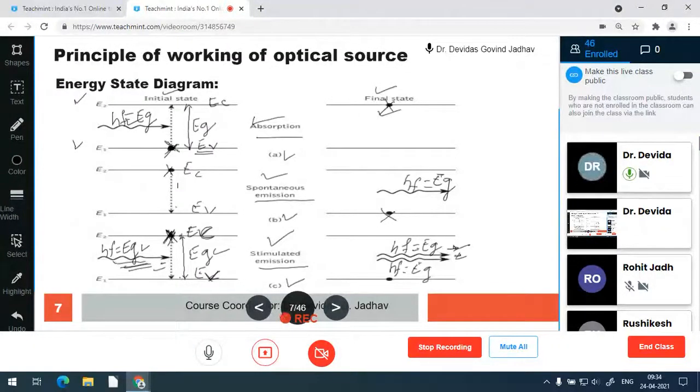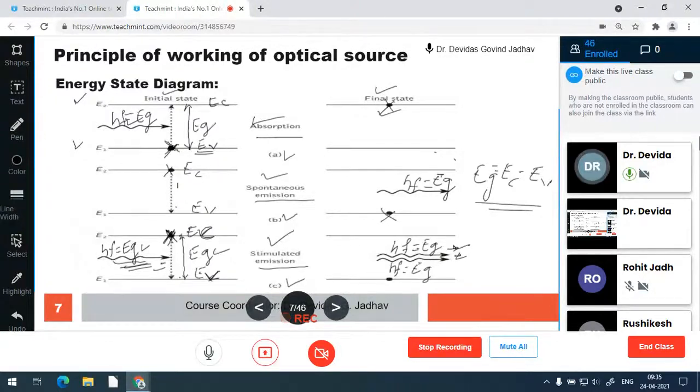Eg is Ec minus Ev, isn't it? Eg is the conduction state energy minus the valence state energy. So this amount of energy it has to release. It releases that energy in the form of a photon, hf equal to Eg, and goes from conduction state to valence state. This is spontaneous emission.